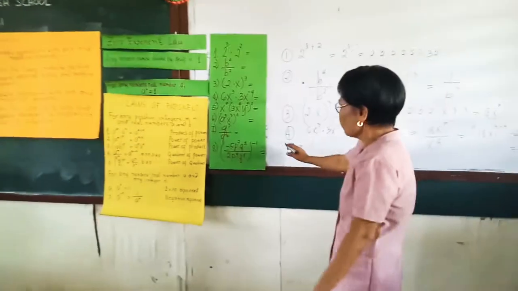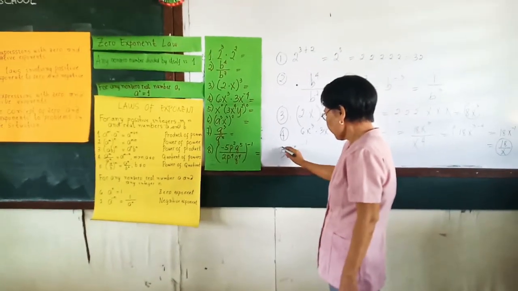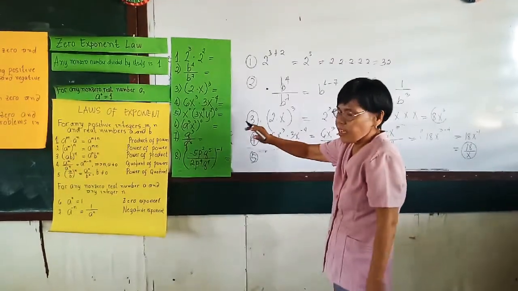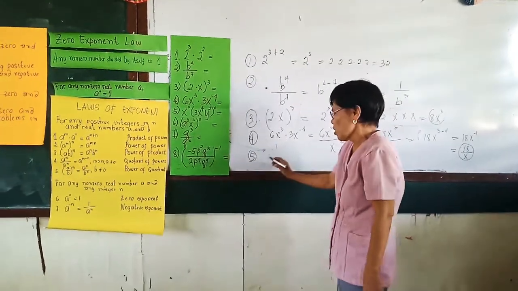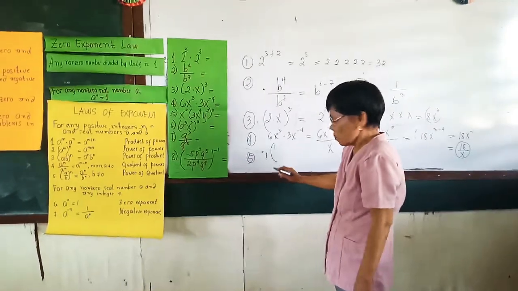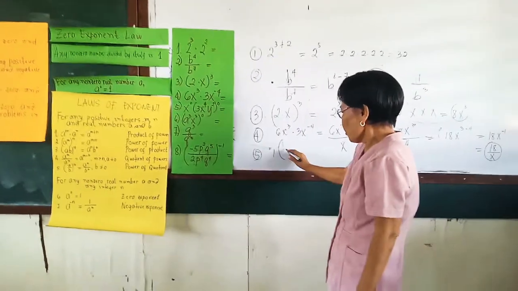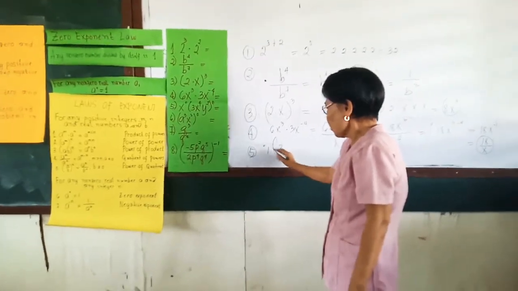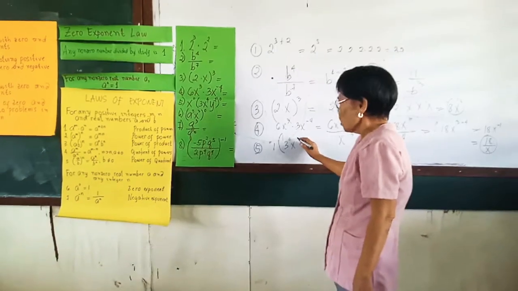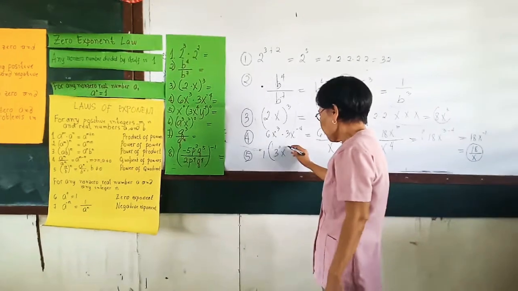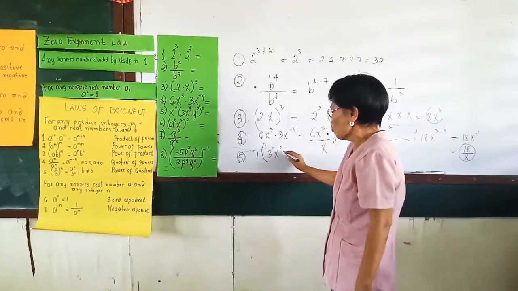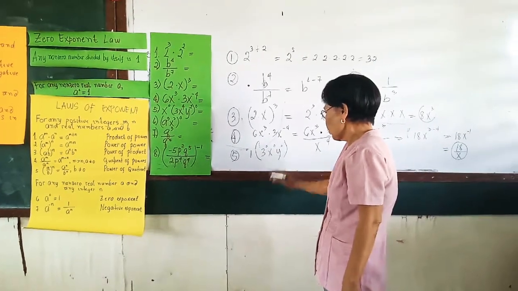Okay, let's proceed to number 5. So x to the 0 exponent is 1, times 3 times 0. x to the 4 times 0 is still 0. Y squared, or 2 times 0, is equal to y to the 0.